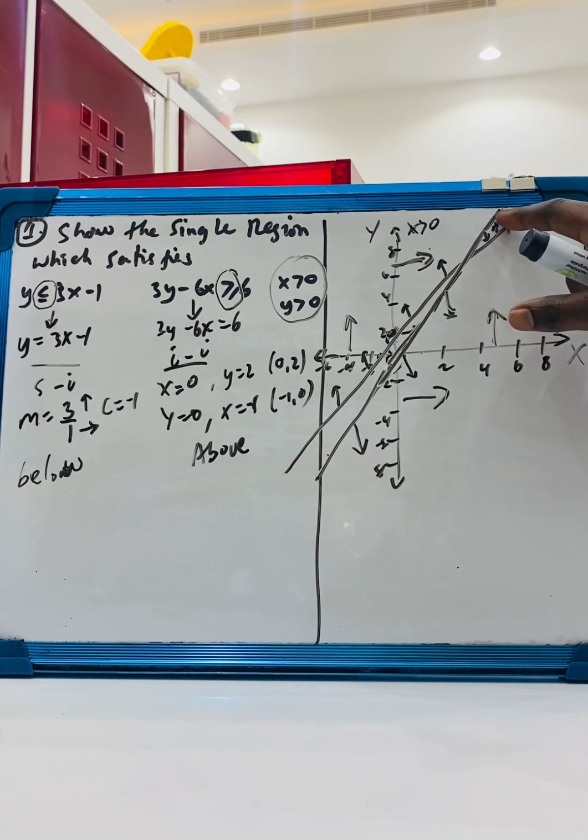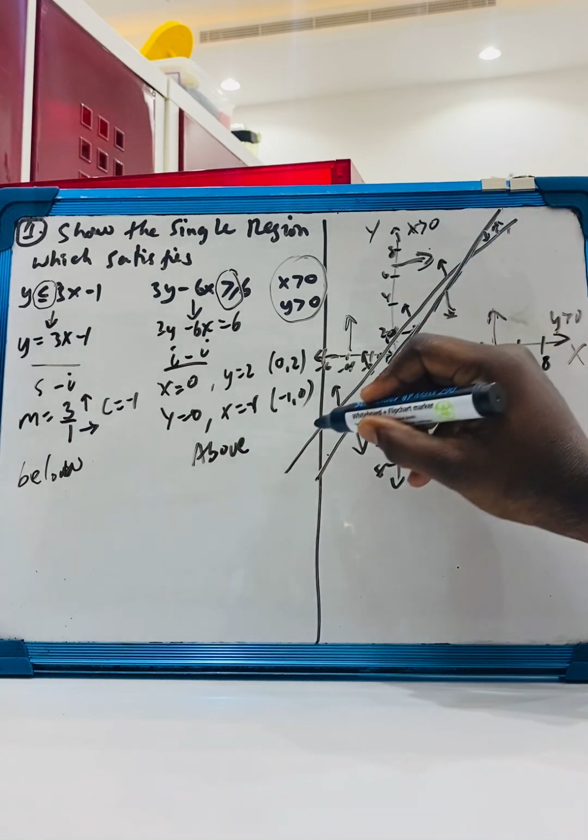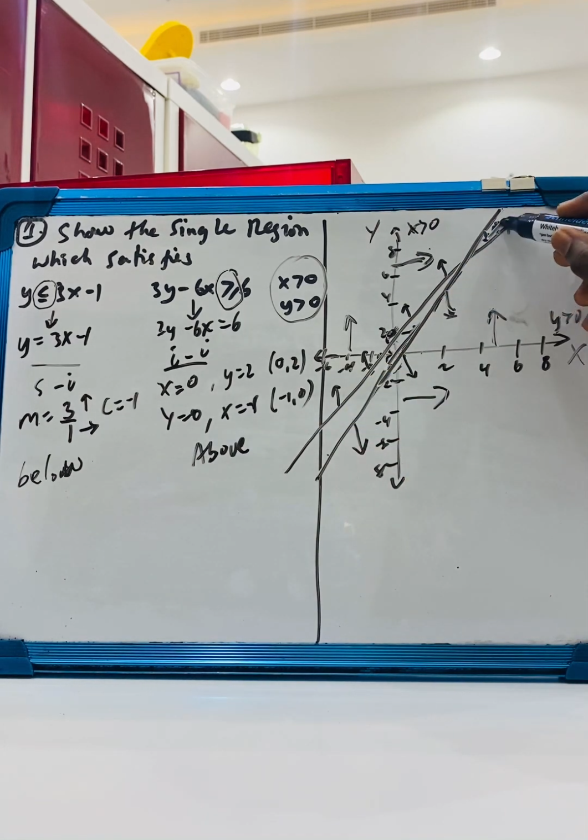But between this and this, I still have to be above this line. So the only region that will satisfy all the 4 conditions is this small region here. I'll put the arrow here. We call this region the feasible region, R. That single region that satisfies all our 4 constraints or inequalities.